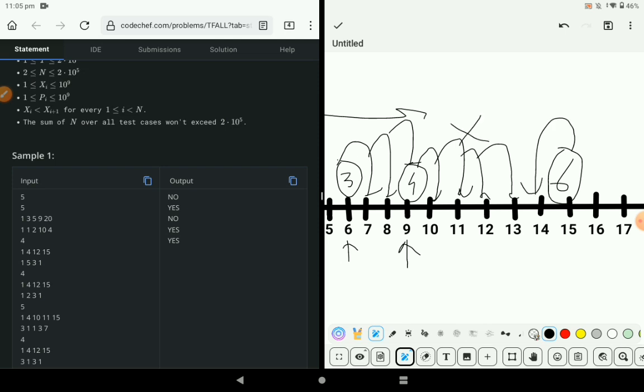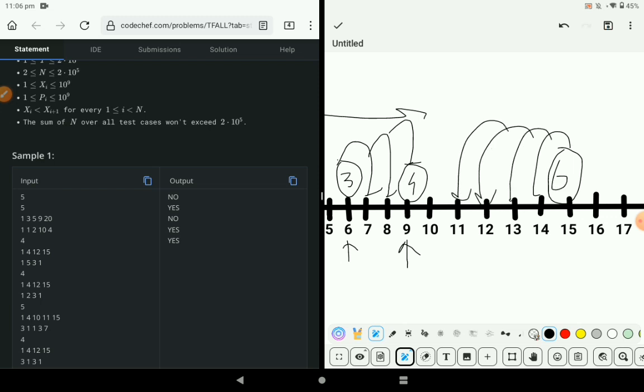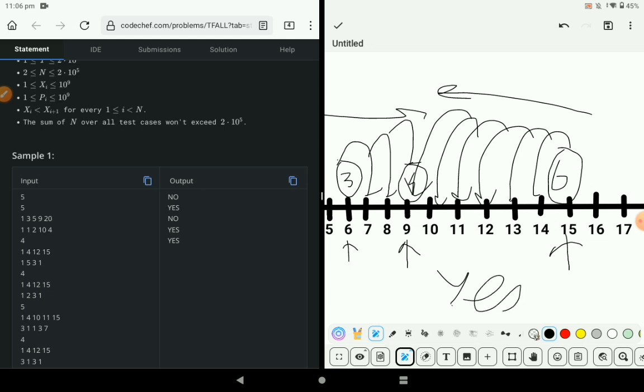But this one, 1, 2, 3, 4, 5, 6, is able to activate the ball number 4. So as we can see, all the balls are able to move. So we can say that all the balls are activated and print yes. Is that clear?